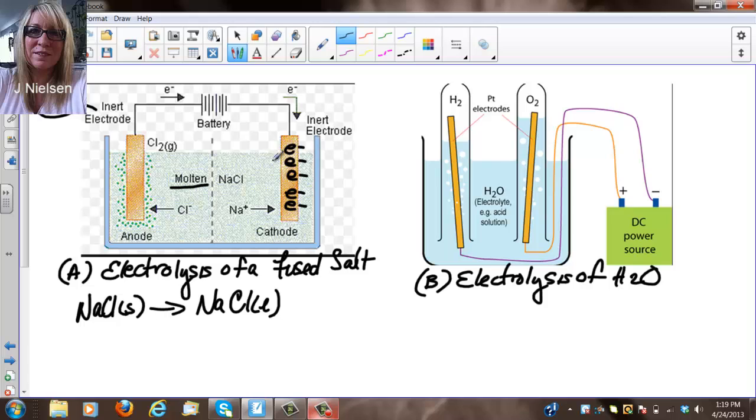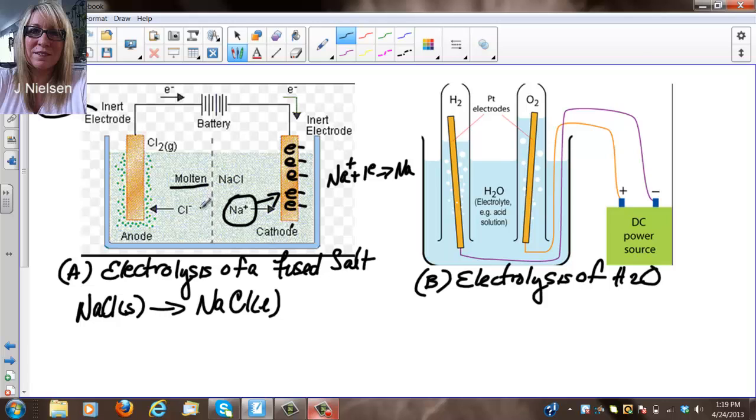So the cathode is the negatively charged electrode, so the positive ions are going to be attracted to it. So you've got Na plus 1 electron forming Na solid going on over here.